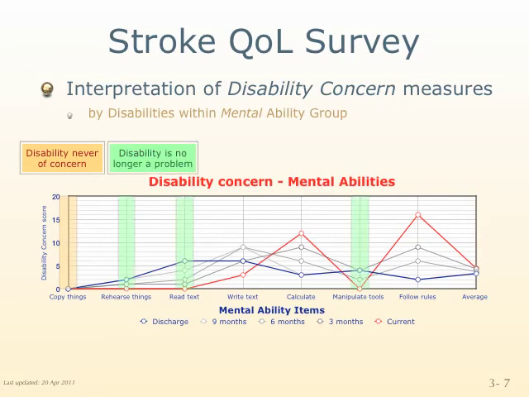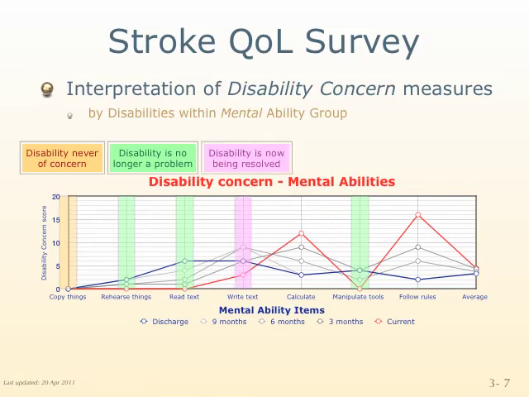Second, it shows that while the ability to rehearse things, ICF code D135, read text, ICF code D140, and the manipulate tools ability were of concern at the time of discharge, those concerns no longer exist. So either these problems resolved themselves over time, or their treatments were successful.